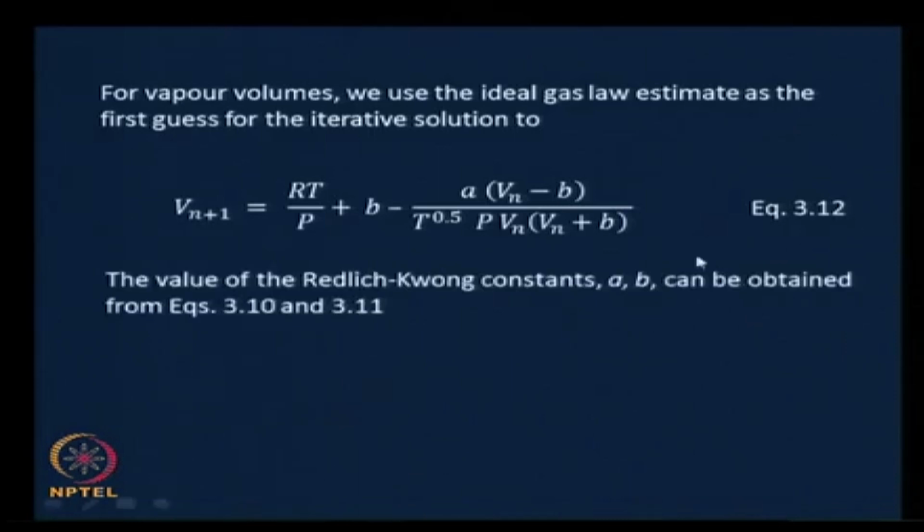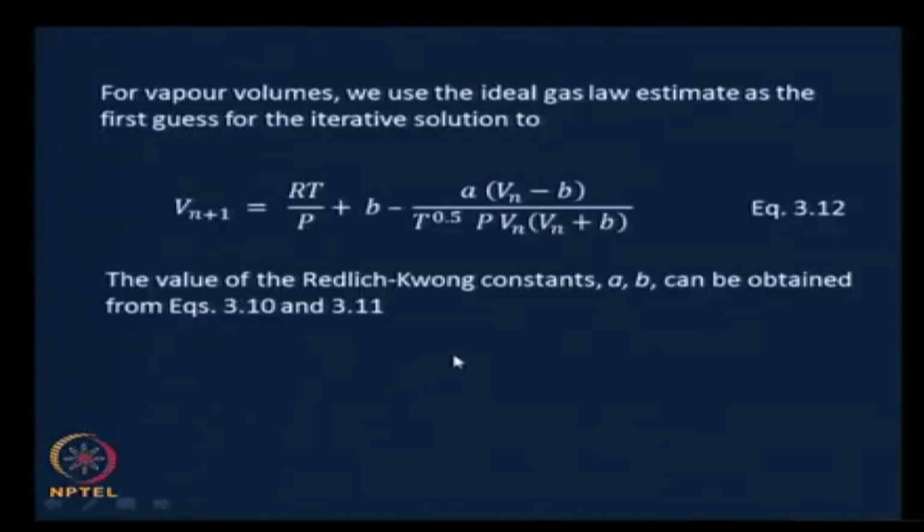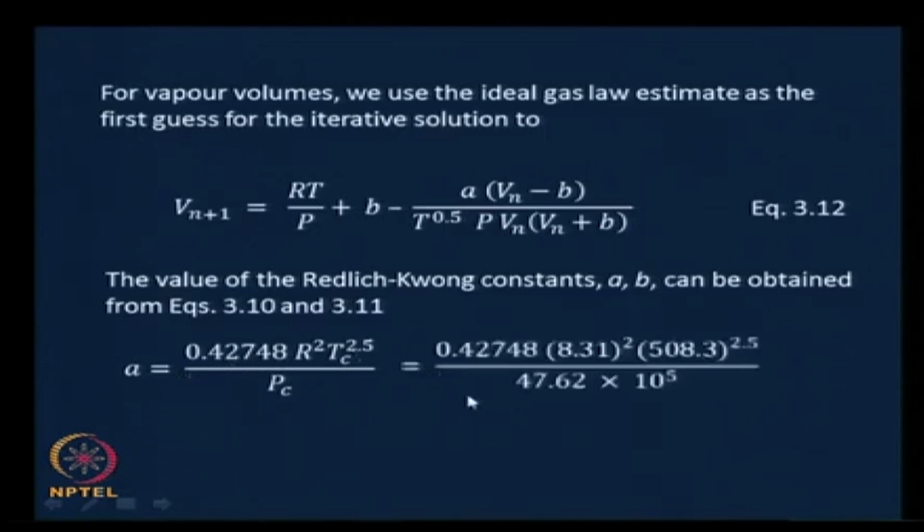The values of the Redlich-Kwong equation constants A and B can be obtained from equations 3.10 and 3.11 in module 3. We have already done this as part of an earlier solution in module 3. I would like you to go back and revisit that if you have forgotten, to get back into the frame of mind for solving this problem. A was 0.42748 R squared Tc^2.5 by Pc.